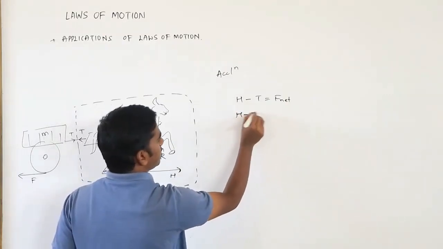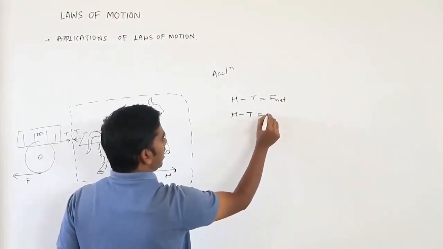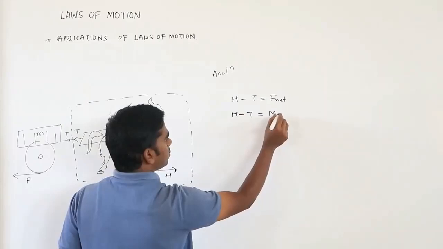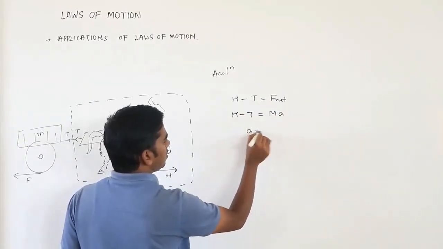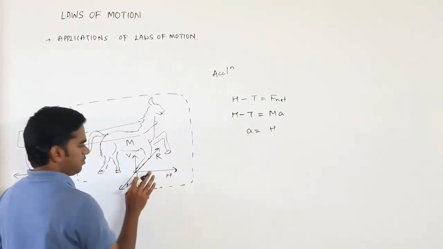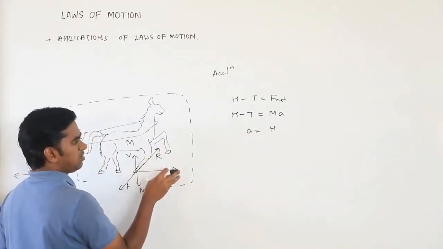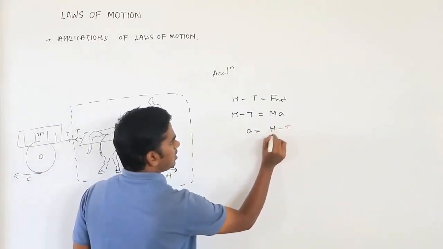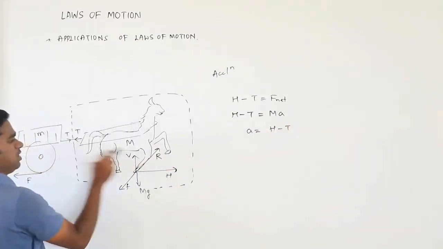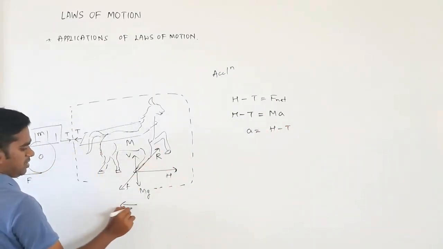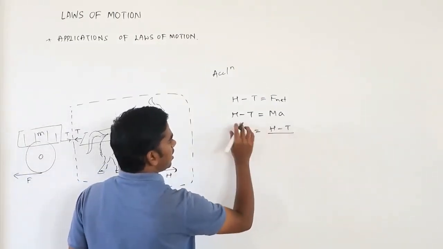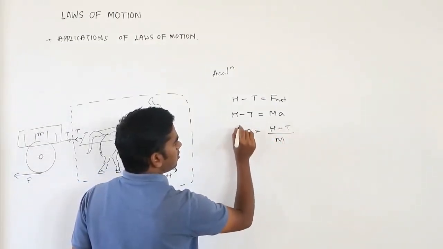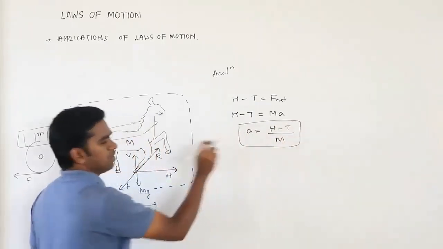So H minus T equals F net, which I can write as the mass of the horse times the acceleration of the horse. So the acceleration of the horse is the forward horizontal component of the reaction minus the tension developed, divided by M, because tension is opposite. Tension is in this direction, H is in this direction, so the intuition is required.